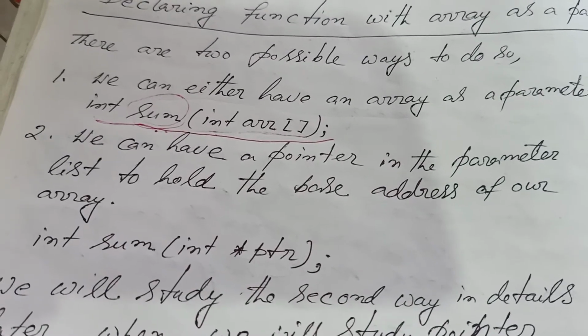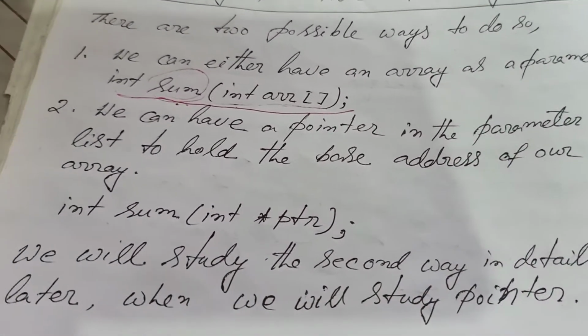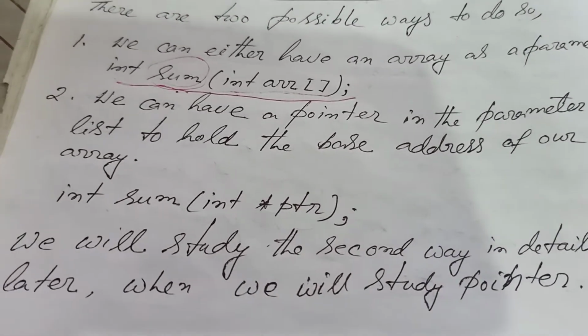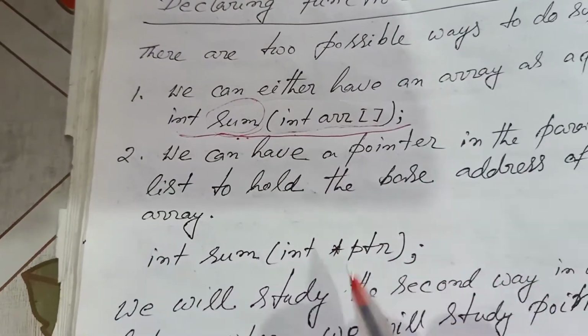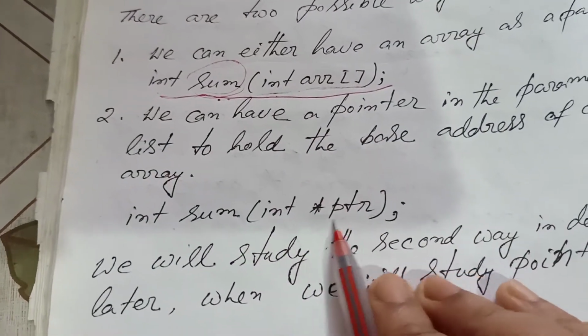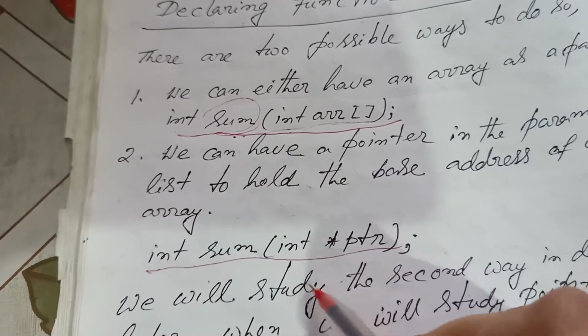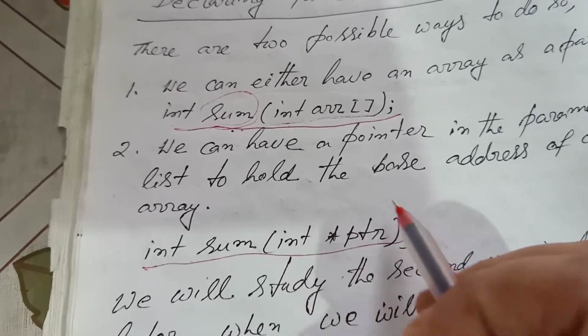The second way is, we can have a pointer in the parameter list to hold the base address of our array. If we are using a pointer, obviously the pointer will hold the address.